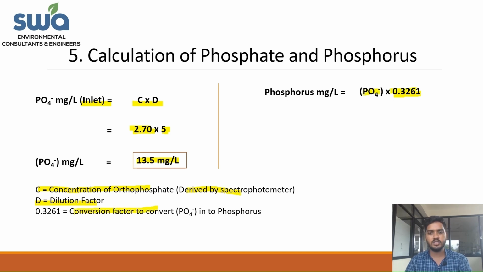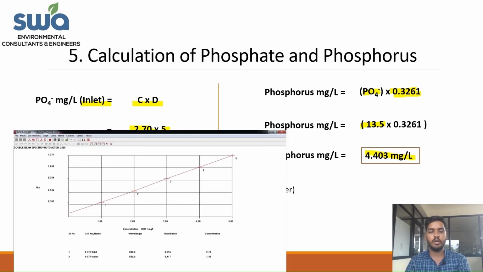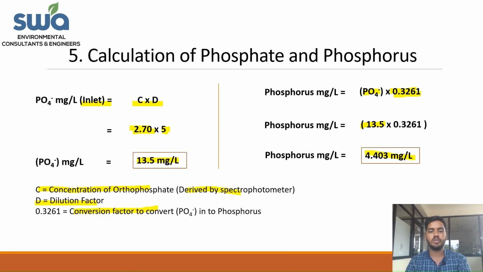It is the conversion factor which converts the value from phosphate to total phosphorus. So simply apply the value 13.5 into 0.3261, so that the total phosphorus content available in the inlet sample will be 4.403 milligram per liter.